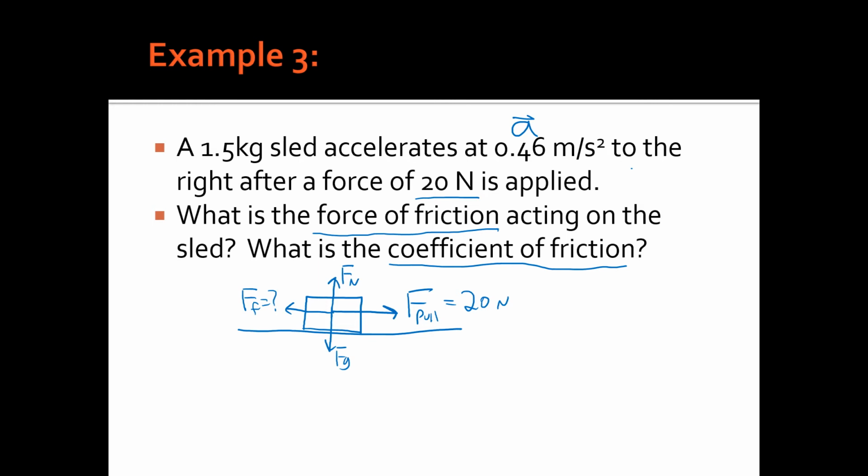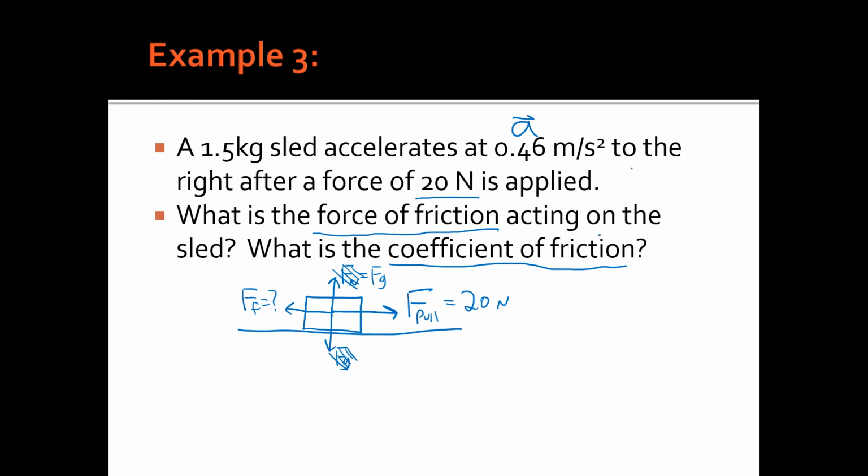And since we're going to assume the sled's not floating and the sled's not falling through the ground, the normal force has to equal the force of gravity, which allows us to cancel that out. All right. Now, how do I go about finding the unbalancing forces?